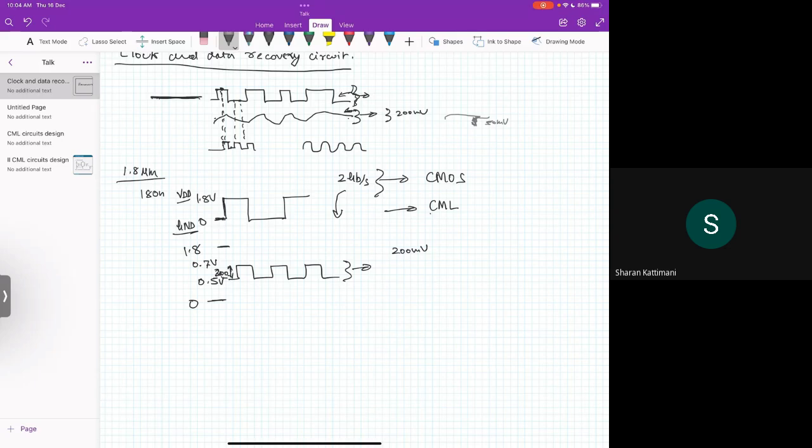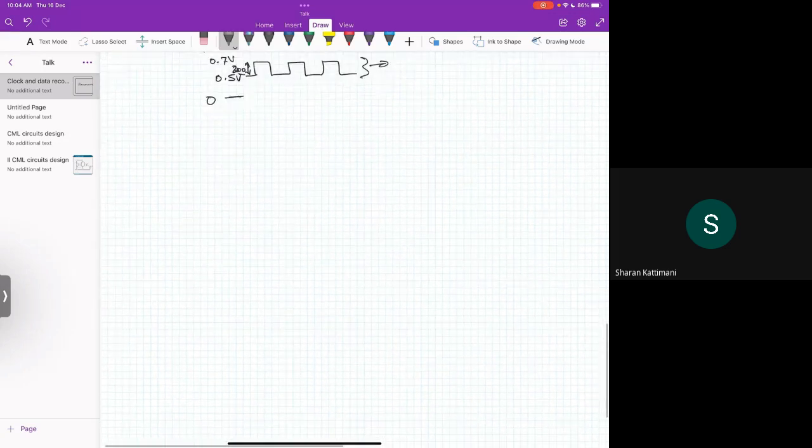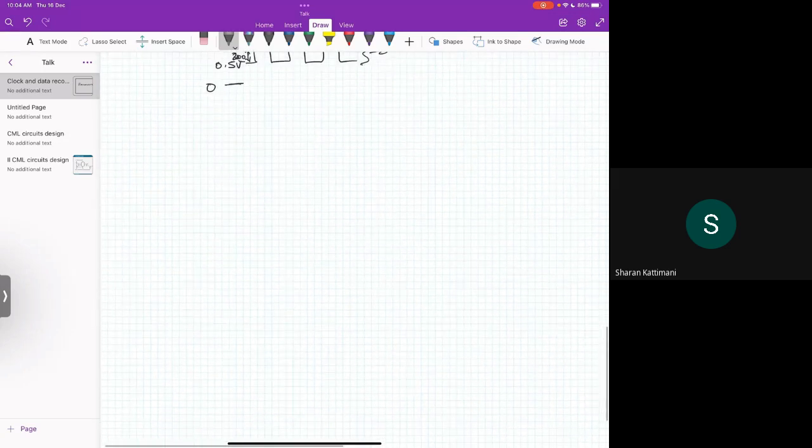And this can be understood generally by eye diagram. Let me introduce this particular terminology, because the eye diagram is a common term in high speed circuits.